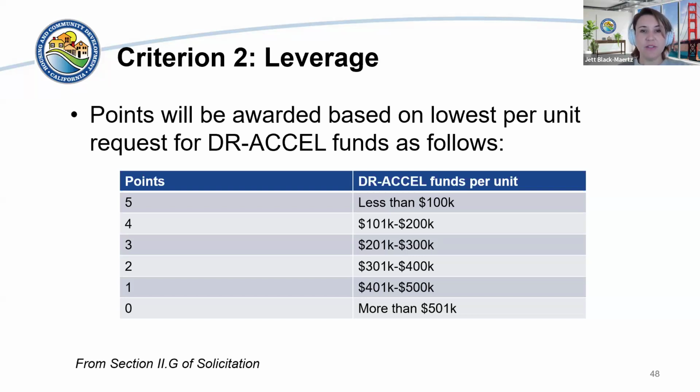Between 201,000 and 300,000, it'll be awarded 3 points. 301,000 to 400,000 per unit will be awarded 2 points. 401,000 to 500,000 will be awarded 1 point. And for any units that cost more than 500,000 in DR Excel funds, they'll be awarded 0 points.